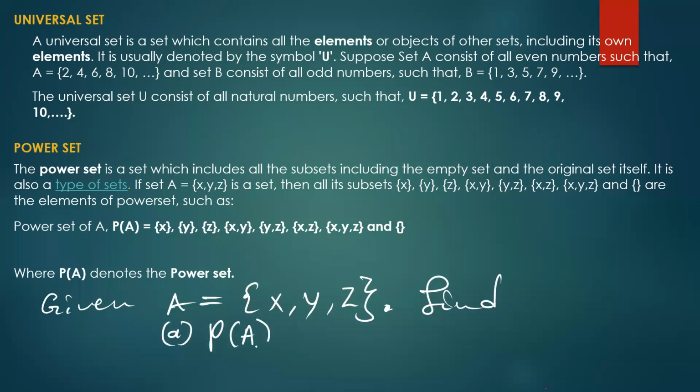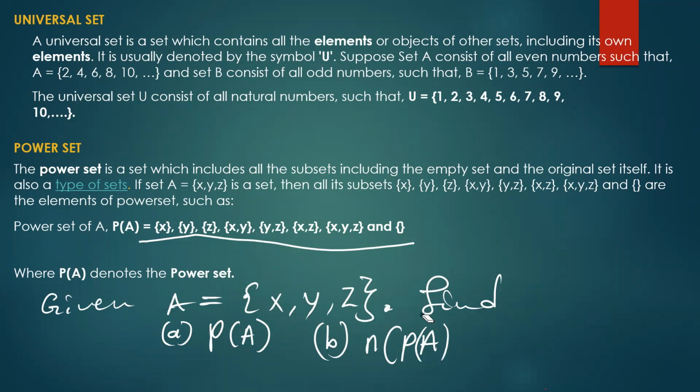P of A. So whenever you see this, it means that you have to list a set in this manner. And then for B, they'll ask you to find n P of A. So if you see something like this with the small letter n in front, let me write it properly: find n(P(A)).